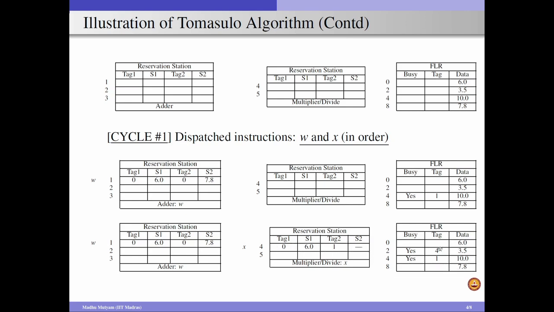So, that is what is indicated here. So, remember, here the tag field 1 indicates that the instruction stored in reservation station entry 1 will produce this new value, and 4 indicates that the instruction stored in reservation station 4 is going to produce a new value into register 2.